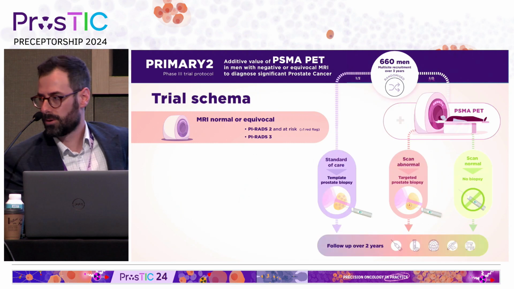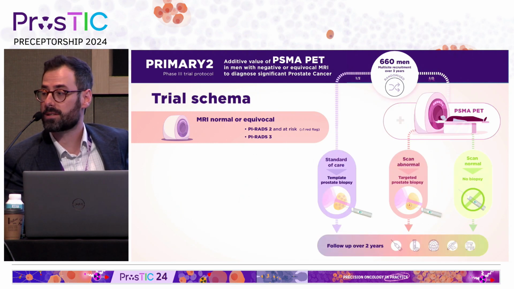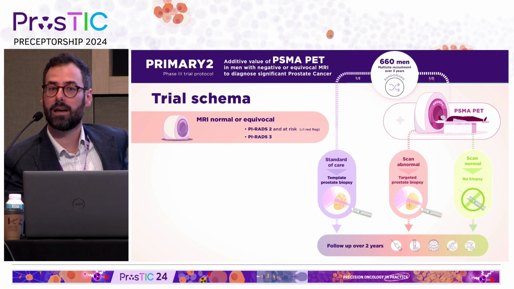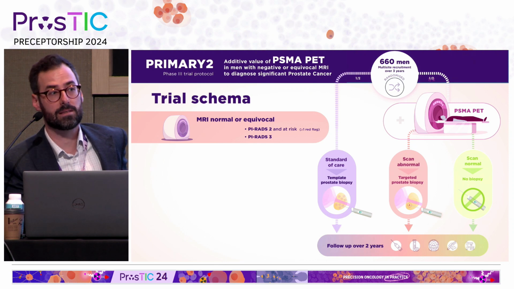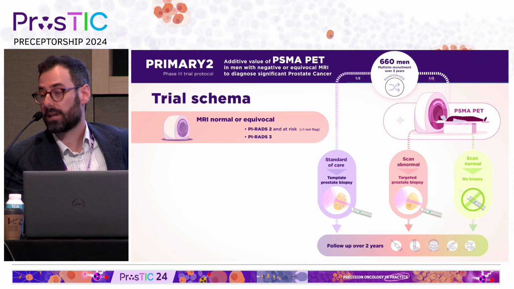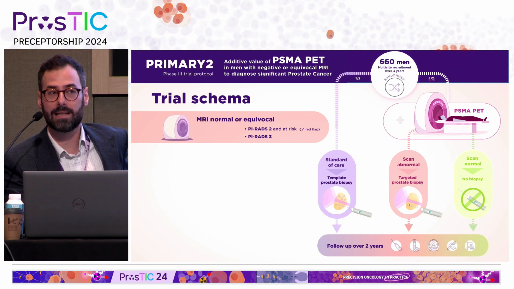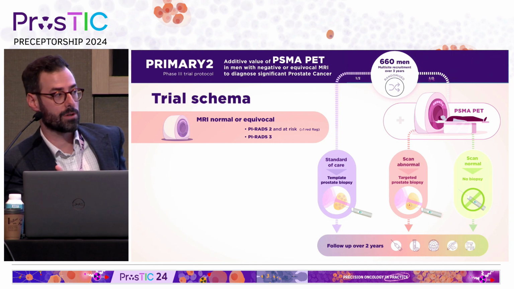The Primary 2 trial is randomizing, in a 1-to-1 ratio, 660 men who have suspected prostate cancer, but an MR that has either PIRADS 2 with a red flag, so for example, in this case, there was family history and high PSA density, so something isn't quite sitting right, or they can have a PIRADS 3. So standard of care, usually they would go on for that template biopsy, get some cores throughout.